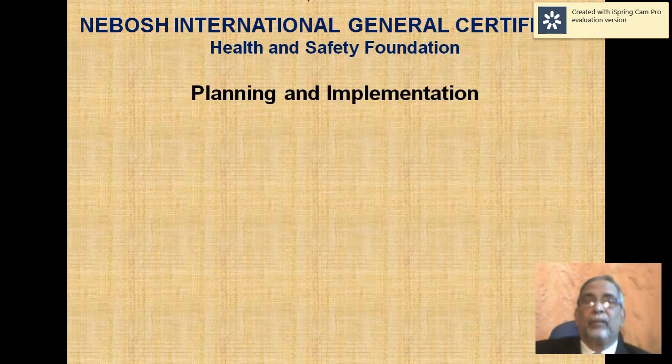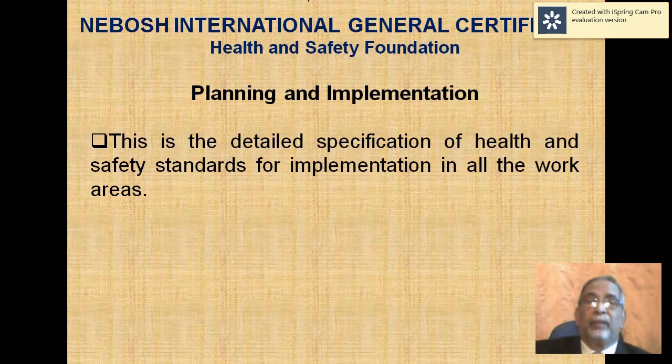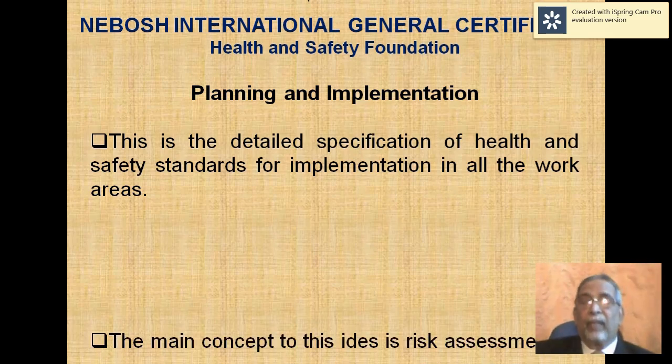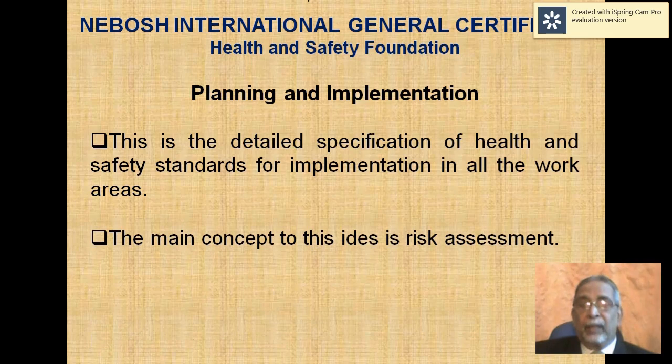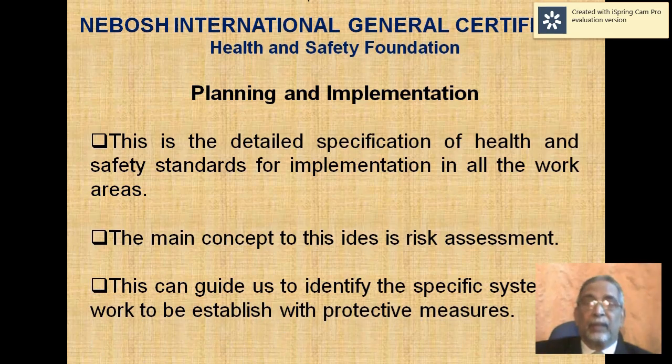Planning and implementation: this is the detailed specification of health and safety standards for implementation in all the work areas. The main concept of this idea is risk assessment. This can guide us to identify the specific systems of work to be established with protective measures.